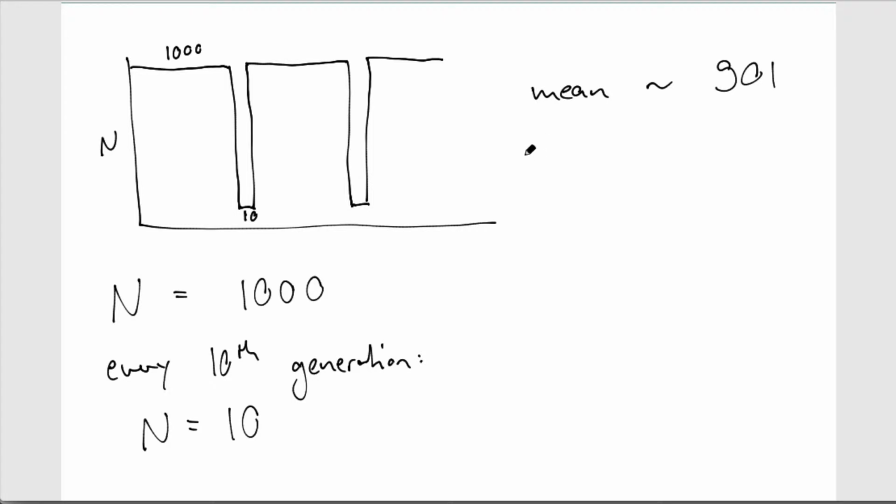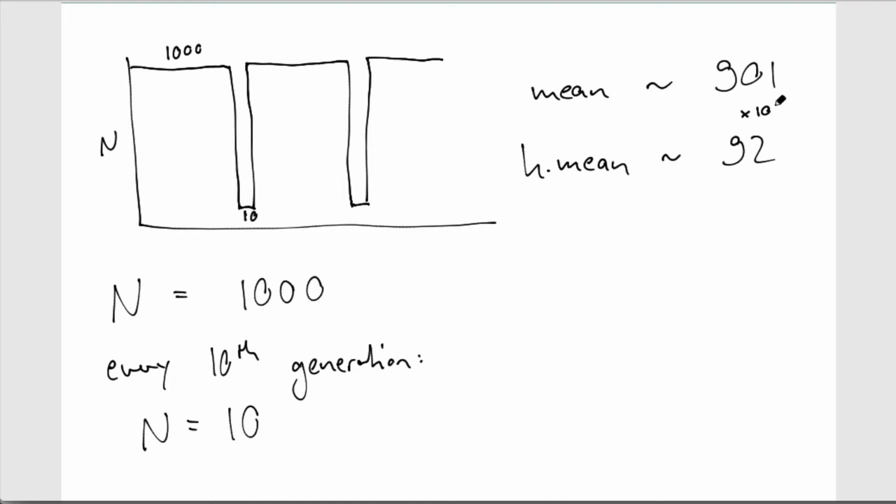On the other hand, the harmonic mean is 92. You can verify that yourself using the formula that we used above, but we're also going to implement it in code. In any case, you can see that we have a difference of about a factor of 10, so an order of magnitude difference.